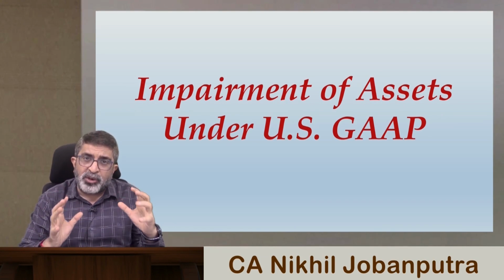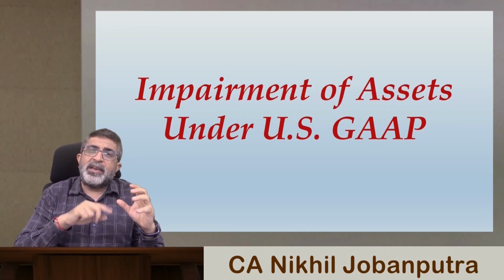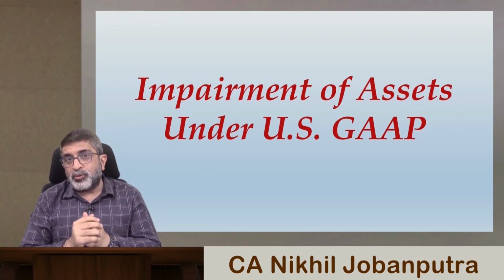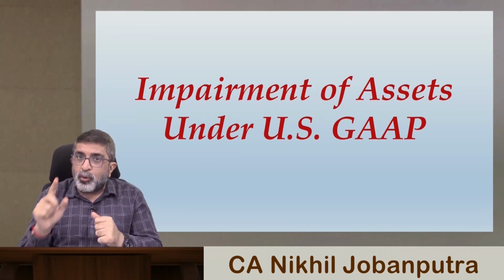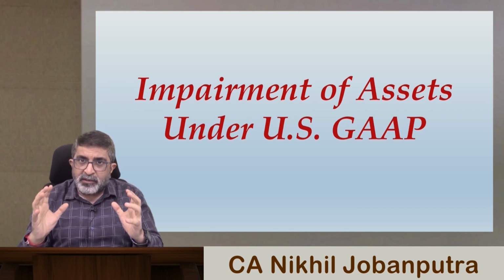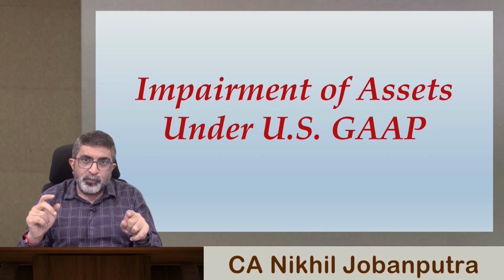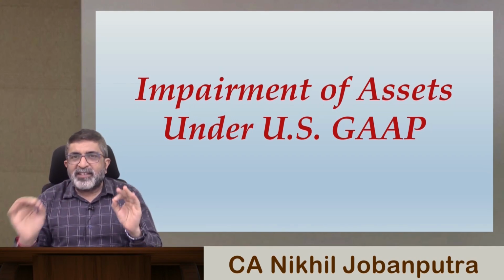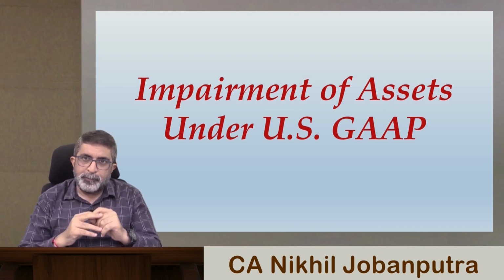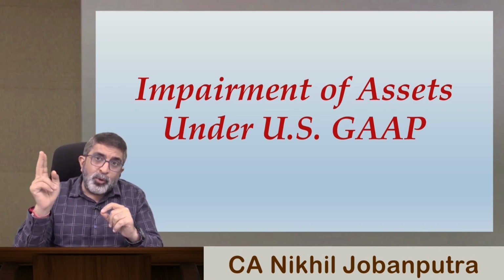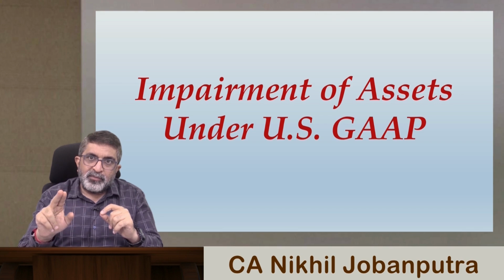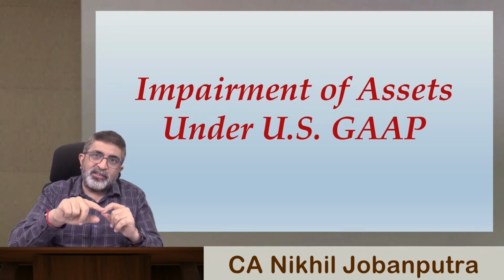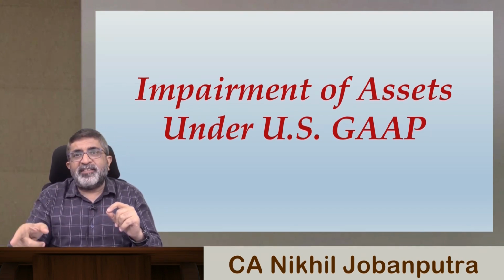The undiscounted amount of cash flow will be compared with the carrying amount. If the undiscounted cash flow aggregate, including the scrap value, is less than the carrying amount, then we say that the asset is impaired. But when you compute the impairment loss, that time it is carrying amount minus fair value.